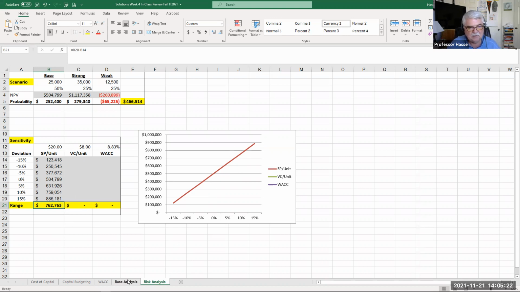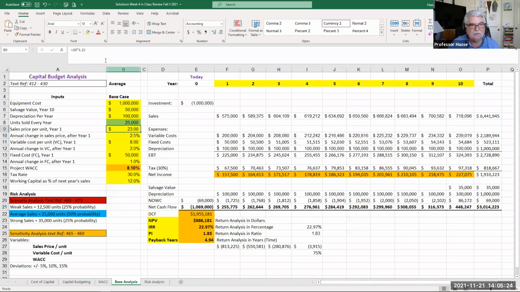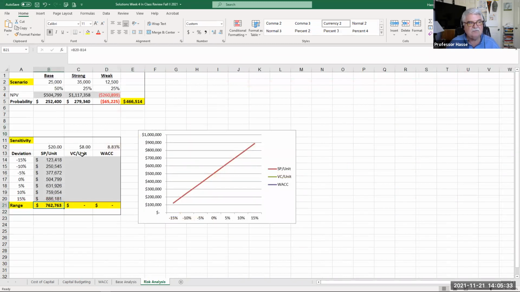So now we go back to our original $20 selling price. And now let's do the variable cost side of this. Let's adjust the variable cost per unit by these various percentages. Our variable cost is $8 a unit in our base case.